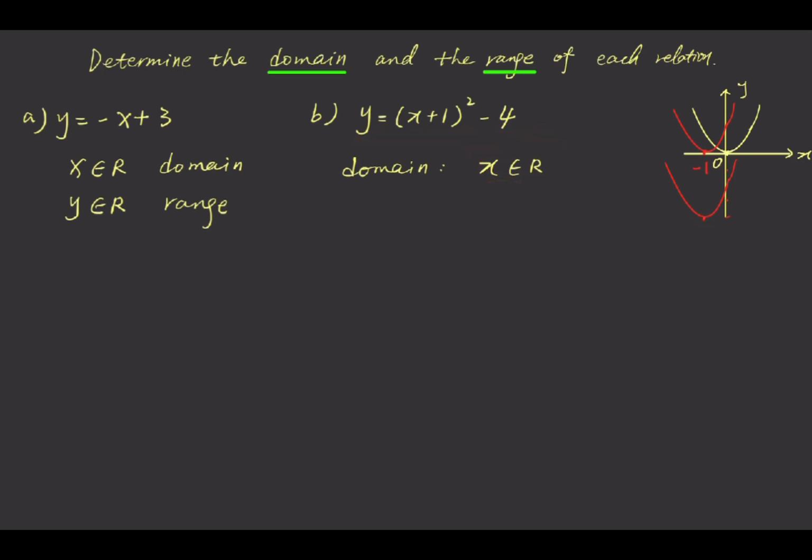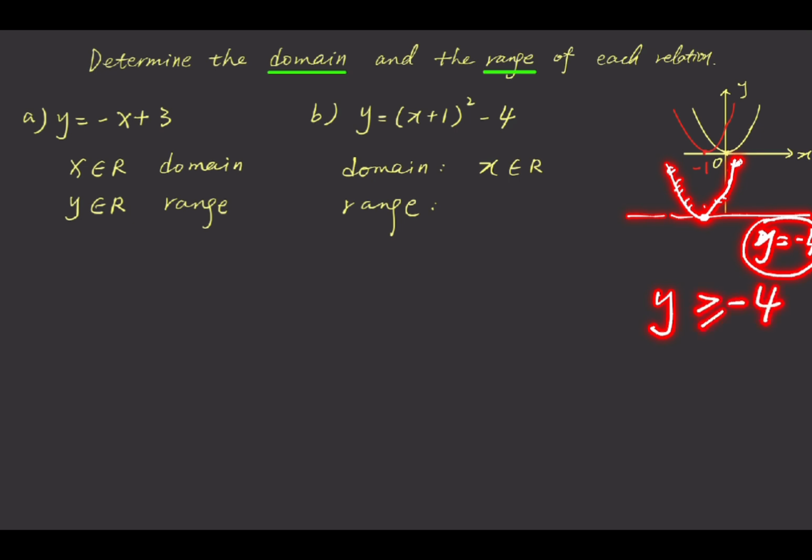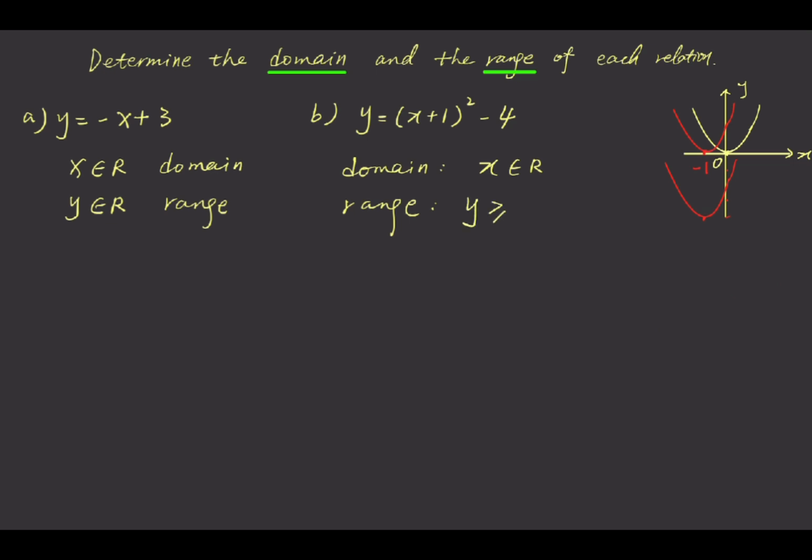But for the range, the graph is above this horizontal line and the vertex is just on the horizontal line, so all the points on this graph have y coordinates greater than or equal to -4. So the range should be greater than or equal to -4. This is the range.